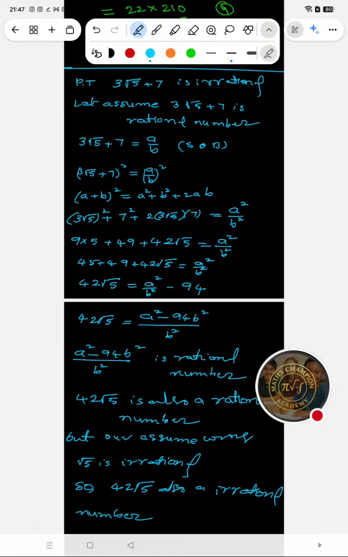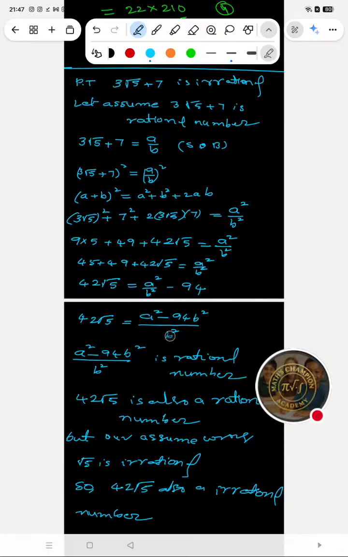In the second step, do square on both sides and calculate exactly, carefully. Then we get 42 root 5 is equal to a square minus 94 b square by b square.